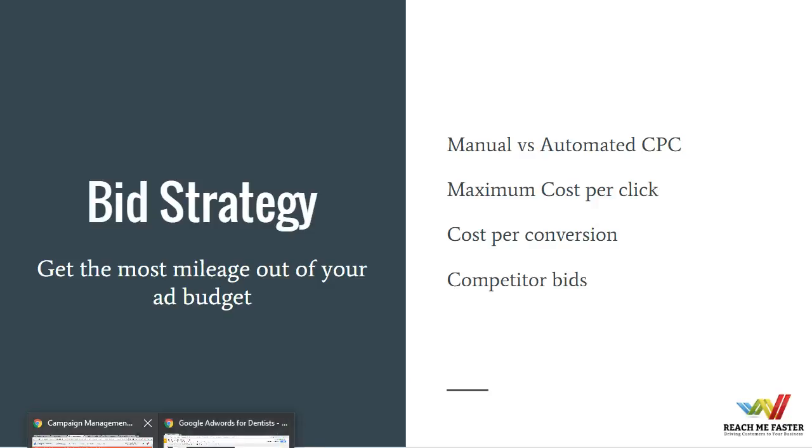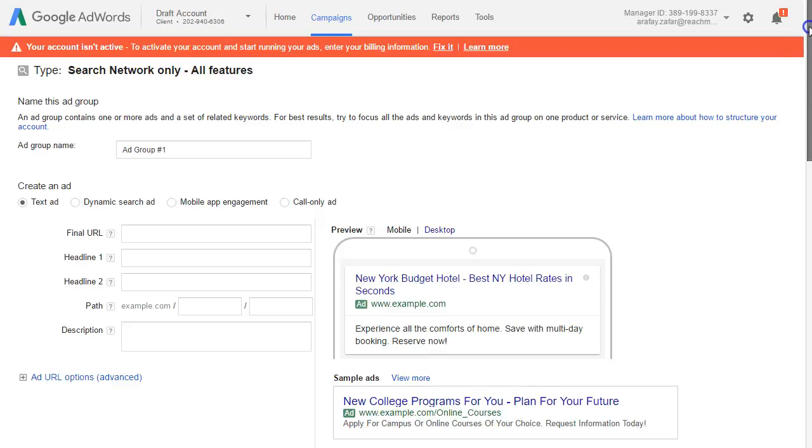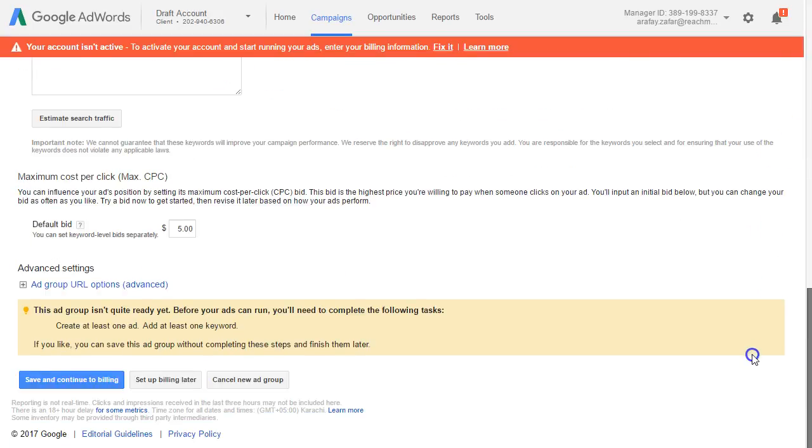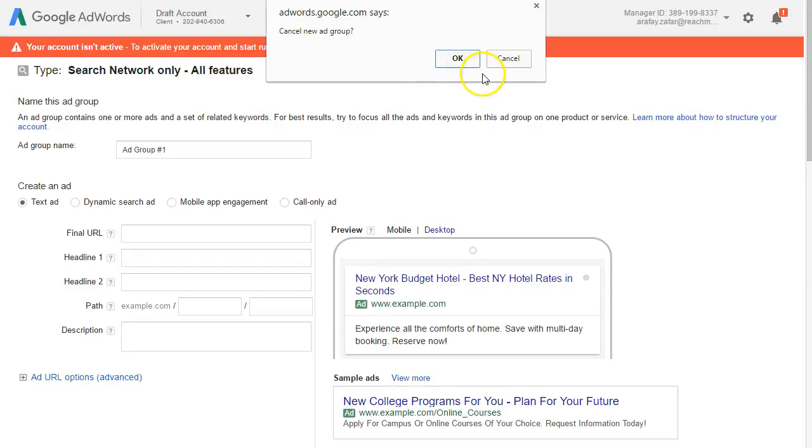So just going back to the bidding strategies that we saw over there, let me see if we can go back to the bidding strategies.